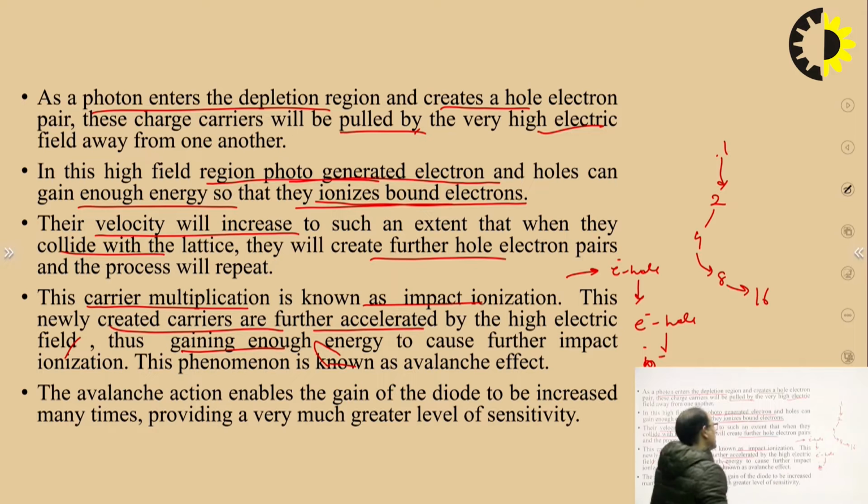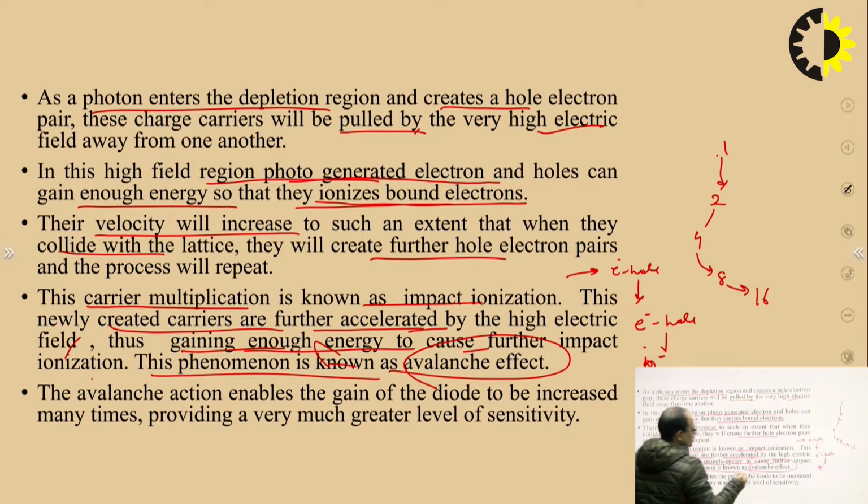This charge carrier multiplication is known as impact ionization, and it gains enough energy to cause further impact ionization. This phenomenon is known as the avalanche breakdown, or the avalanche effect.